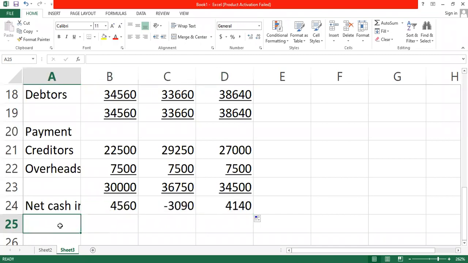Are we on the same path? Am I correct? The net cash inflow is the total receipt minus the total payment. Are we good to go?